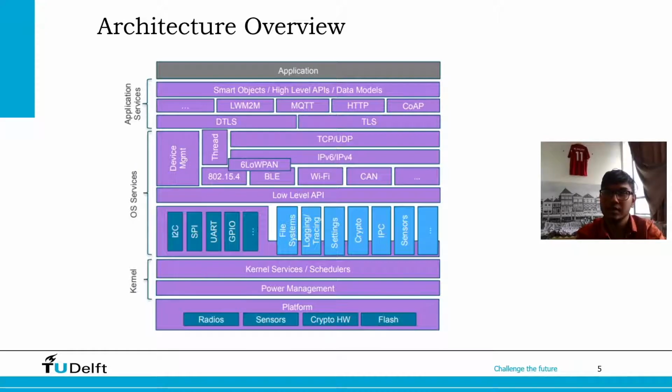Moving on to the OS services, it has platform specific drivers for SOCs and the APIs for that purpose. It also includes functions like device management, debugging, file systems, networking, and other properties. Finally, we have application services that include higher level APIs and data formats like JSON, for example.